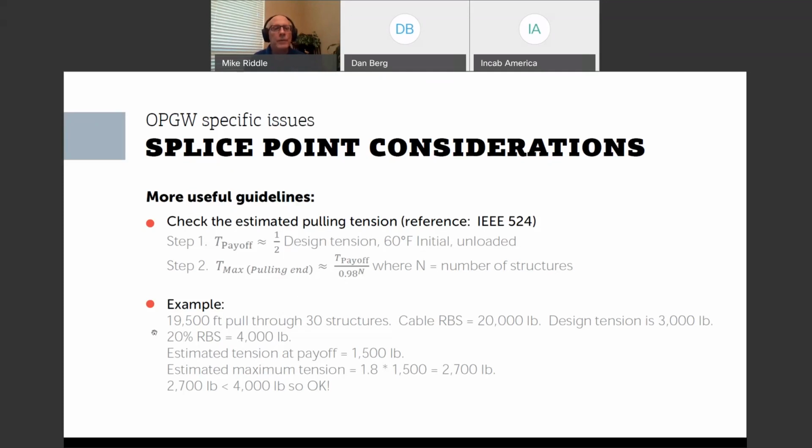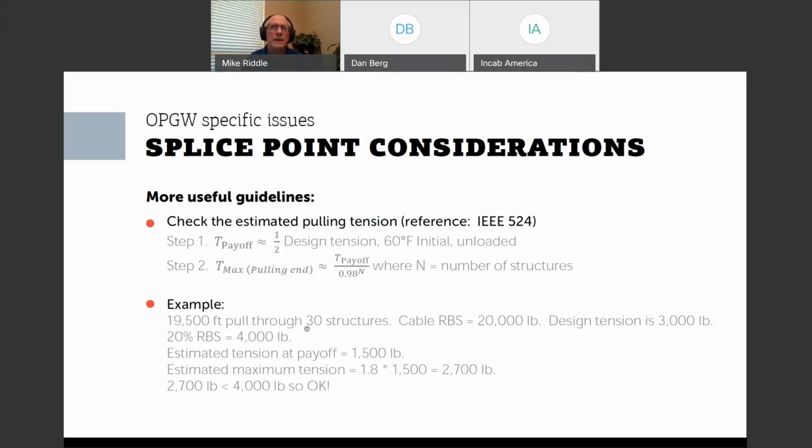So as an example, if you've got a 19,500 foot pull that's through 30 structures, and the cable rated breaking strength is 20,000 pounds, and your design tension is 3,000 pounds, then the maximum pull-in limit is 4,000 pounds, and your estimated maximum tension is going to work out to 2,700 pounds, which is less than that 4,000 pound limit at 20%, so you're okay. Usually it's around long pulls with a lot of structures is when this becomes a problem.